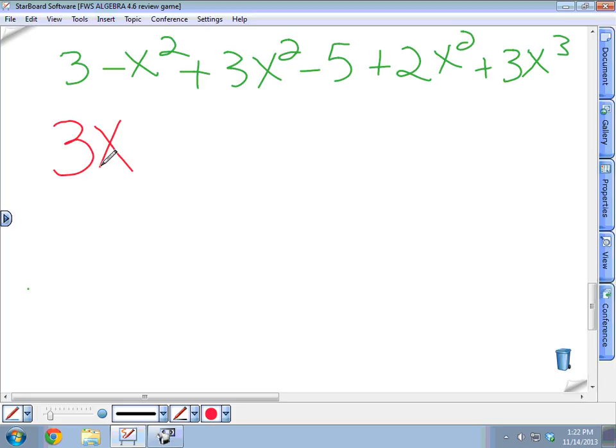You want the highest exponents first. So look for the highest exponent first. Guys, let her do it. She doesn't need help. Which one of these has the highest exponent?